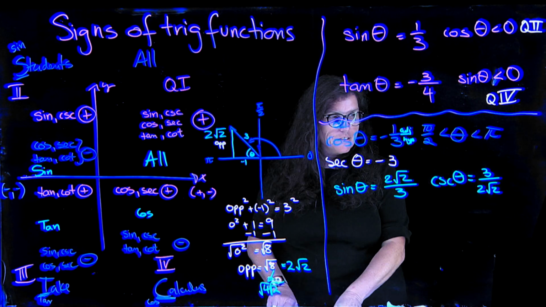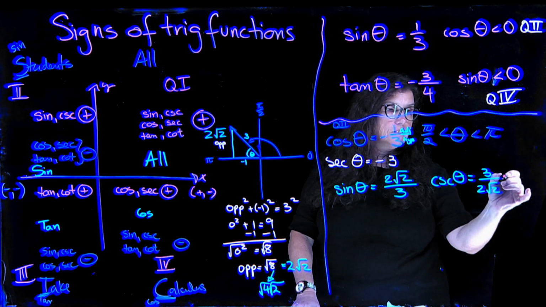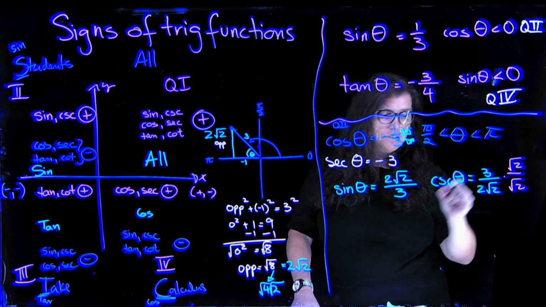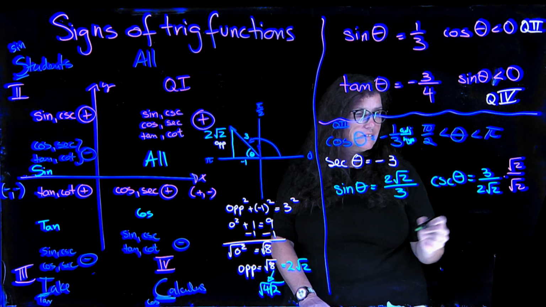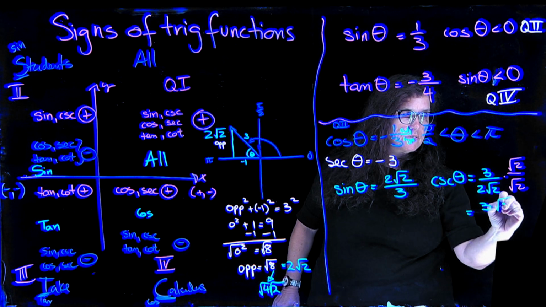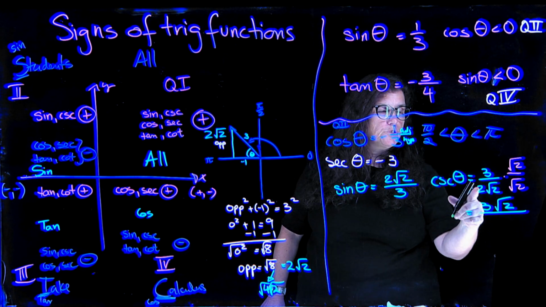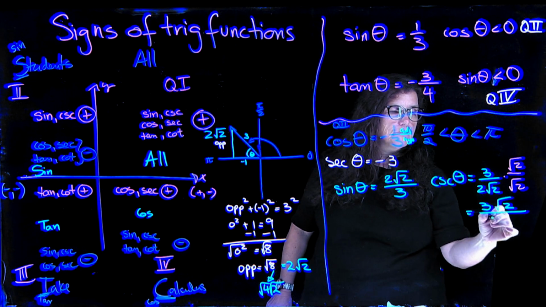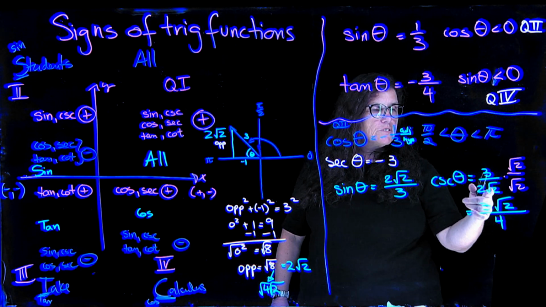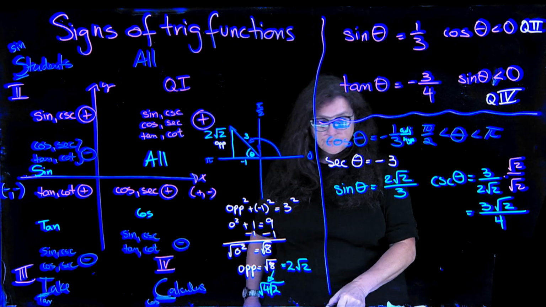Now we have to rationalize this denominator again. Multiply by the square root of 2, numerator and denominator, which leaves us with 3 square root of 2 over 2 times 2, which is 4. Square root of 4 is 2 times 2 is 4.